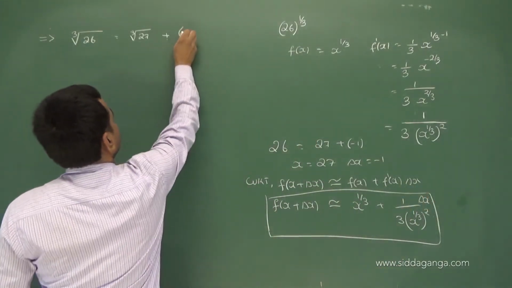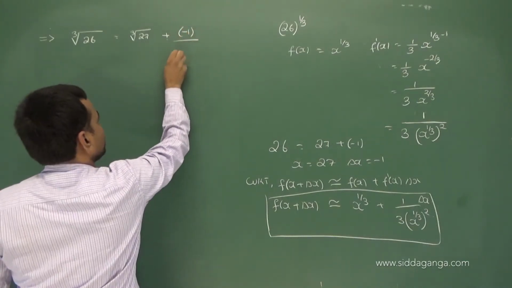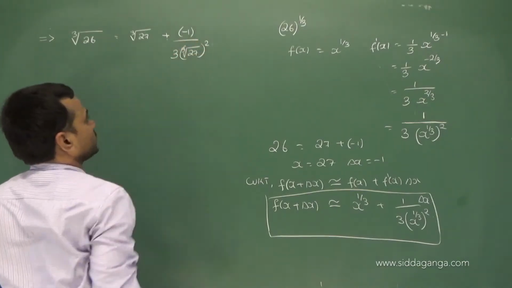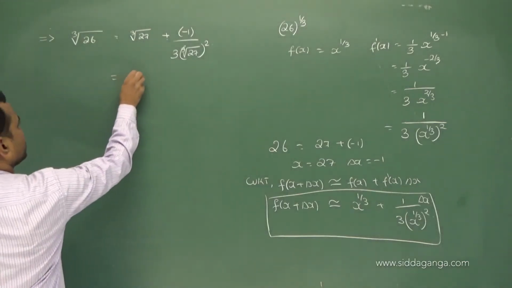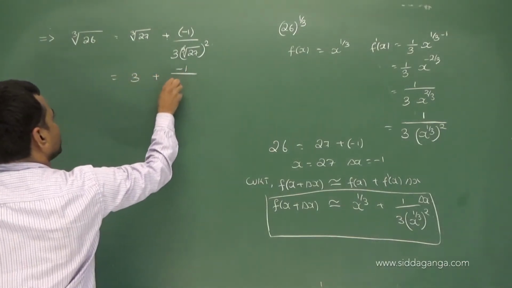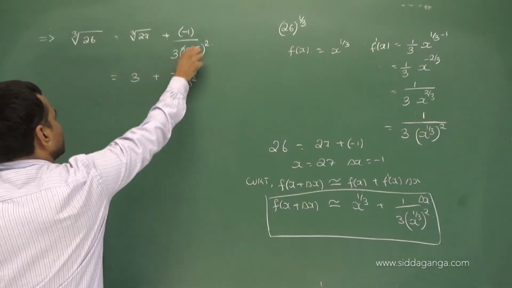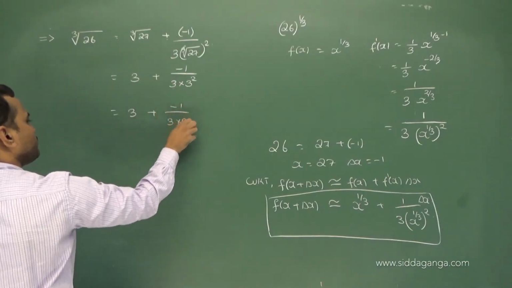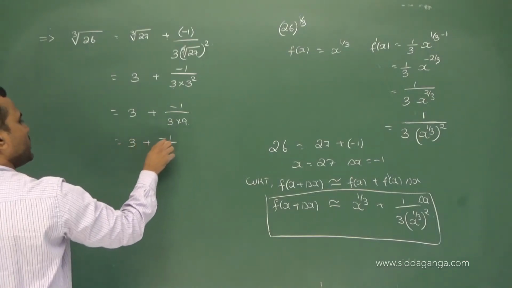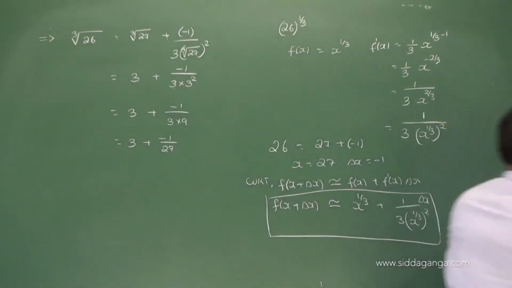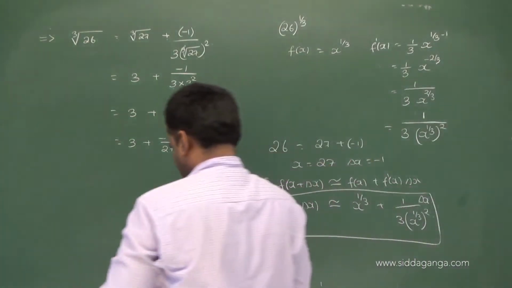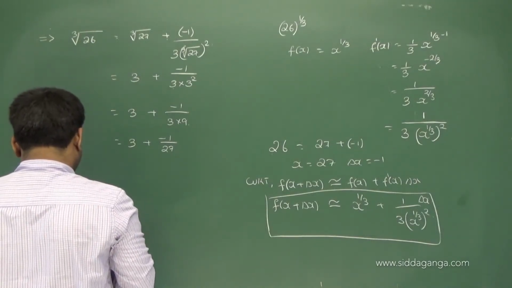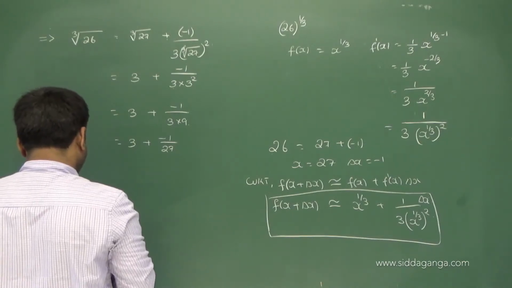Delta x is what? Minus 1 divided by 3 into cube root of 27 whole square. That is 3 plus minus 1 divided by 3 into 3 square, 3 plus minus 1 divided by 3 into 9, 3 plus minus 1 divided by 27. Calculate. Minus 1 by 27.